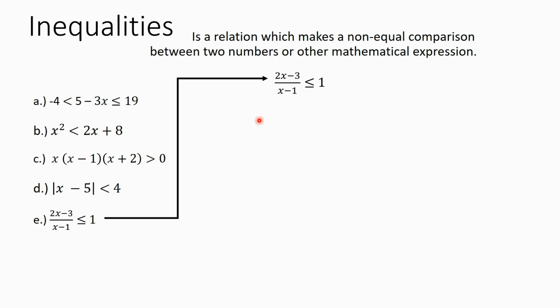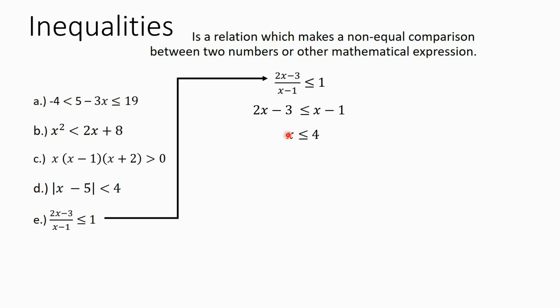So first, just multiply this one by x minus 1. Then it will give you the answer like this: x is less than 4, or x is equal to 4.